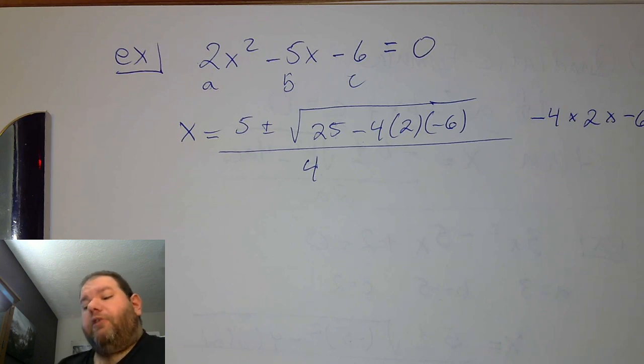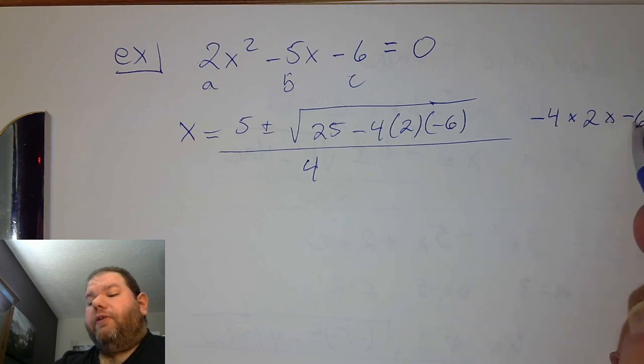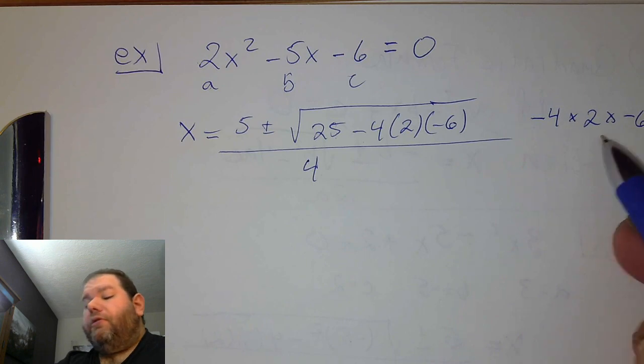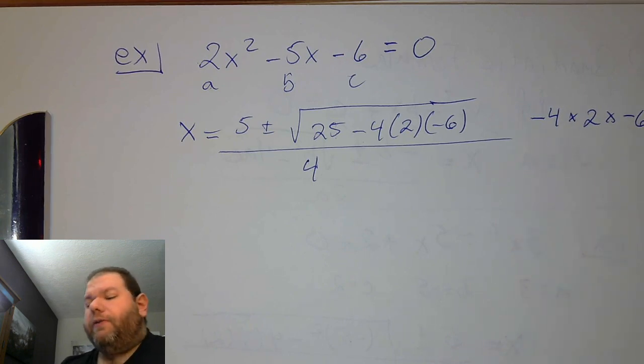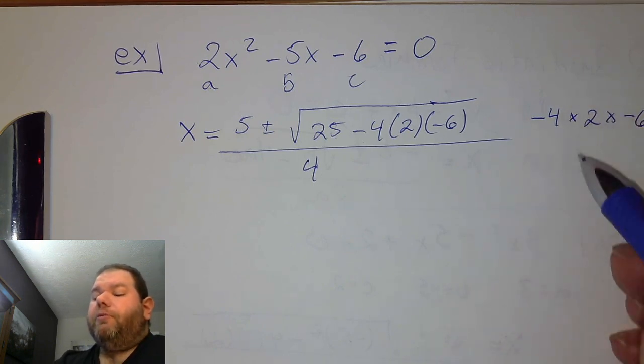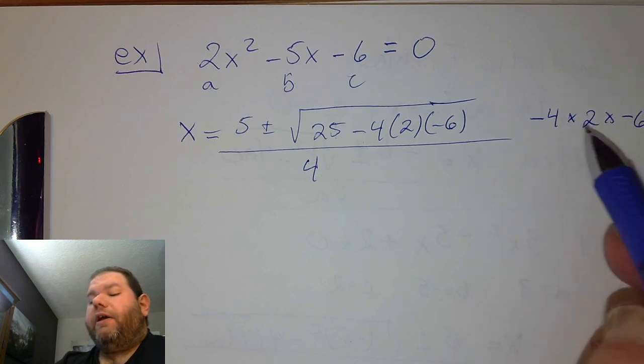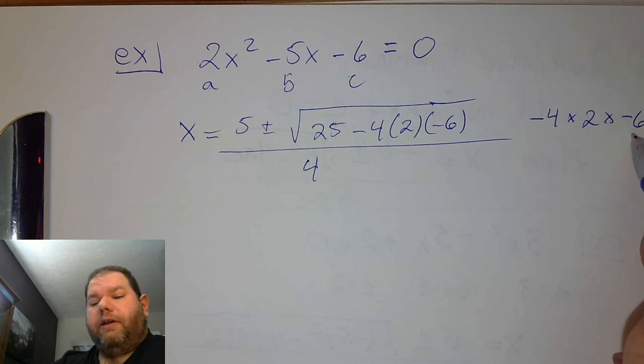Positive, yeah. Because we know that there's 2 negative signs here, so those are going to cancel out to a positive times the other 2 there, which will still leave it positive. So we go through and multiply that, and it is -4 times 2, which is -8, times -6, which makes it 48.